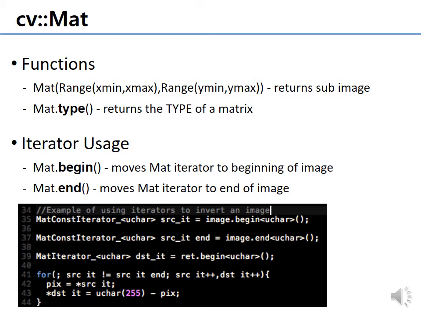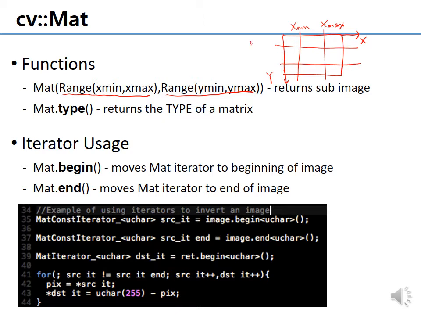It is another Mat function. So when we have an image like this, a source image, this is the x-axis and here is the y-axis. When we define the x range and the y range, x minimum, x maximum, and y minimum, y maximum, then we can define these sub images.